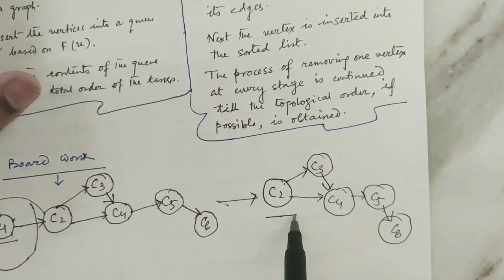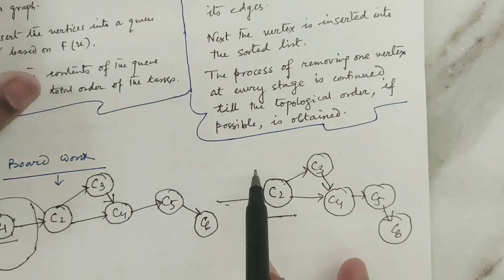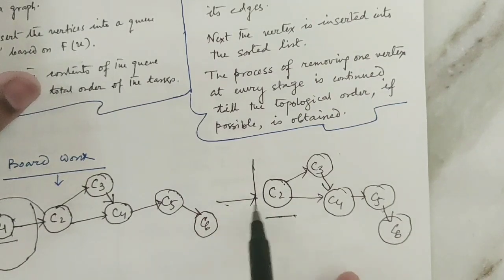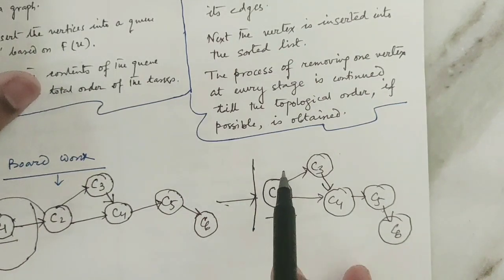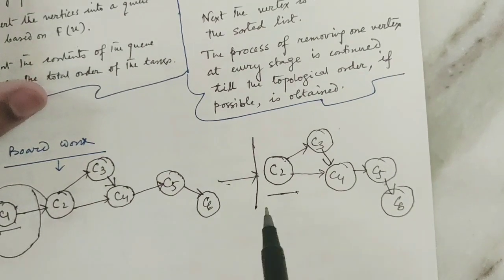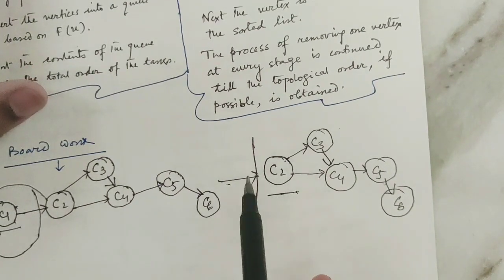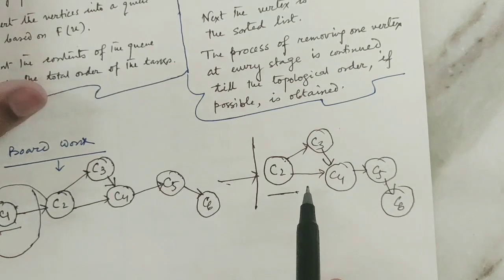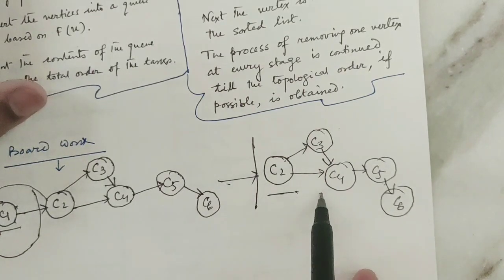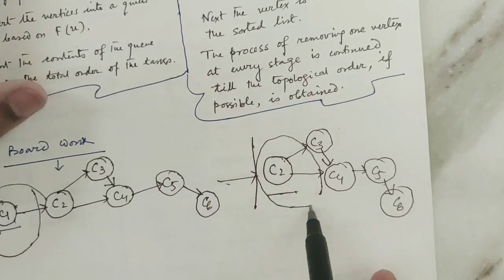You see that C2 has no incoming edges. This is the arrow, this is not an incoming edge for C2. So the next node to be removed is C2, and the deletion results in the graph with C2 removed along with its edges. That means this entire part will be removed.